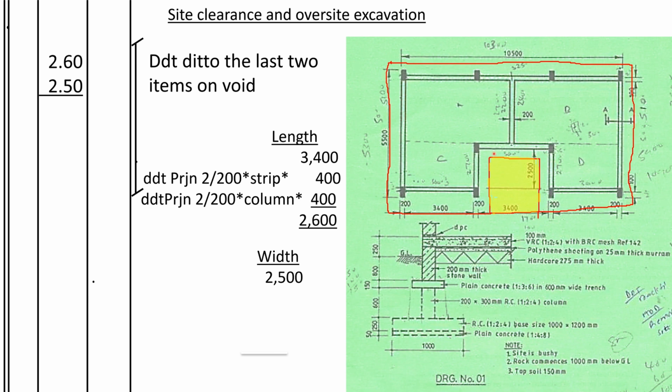The foundation spread here, remember it was the spread for the strip footing 200, then for the column base, which measures 1200 on the width side, so on one side it shall be 300. 300 plus for the strip 200, it shall be 500. So the spread here, we shall give an allowance of 500, which is 2500 minus 500, 2000.